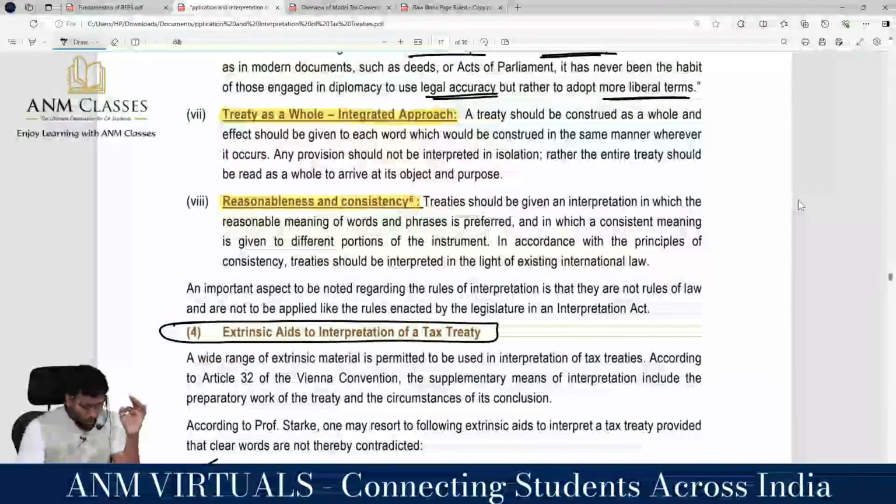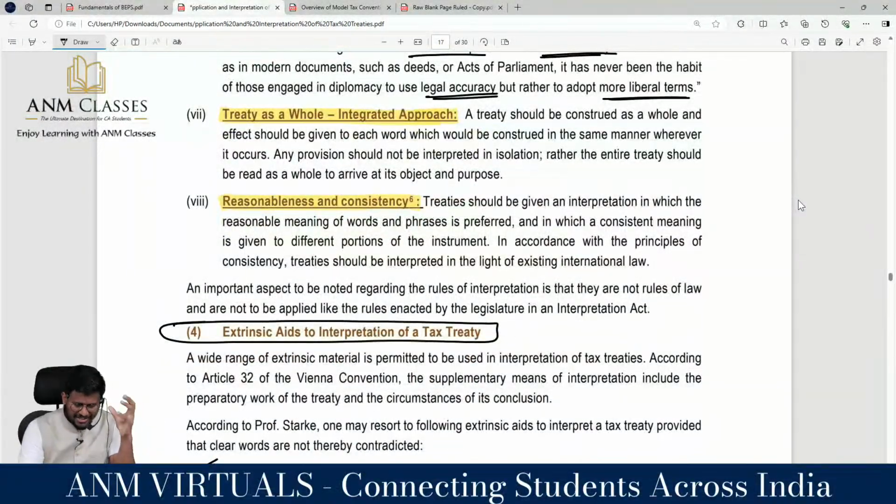Treaty as a whole always follow what approach? Integrated approach. A treaty should be construed as a whole and effect should be given to each word which would be construed in the same manner wherever it occurs. 10 இடத்துல ஒரே வார்த்தை சொல்லியிருந்தா அந்த 10 இடத்துக்கு ஒரே மீனிங் கொடுக்க ட்ரை பண்ணுங்க. 10 இடத்துக்கு 10 மீனிங் கொடுத்தா நான் குத்துவேன்.